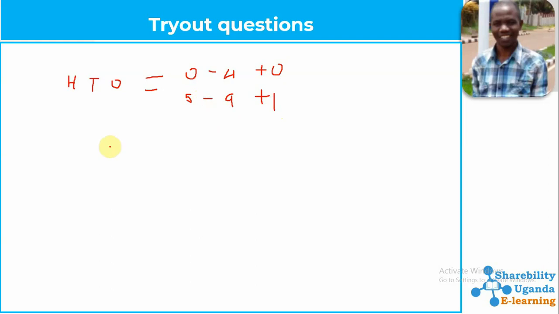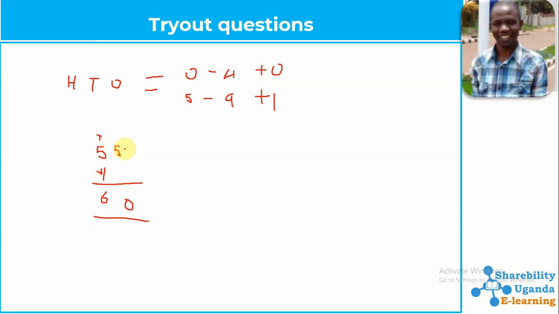So to make a recap, if we are given a number like 55, and they tell you to round off to the nearest tens, we say our 5 is in the ones, then we shall just add 1, since it is in the range of 5. So when we add 1, we consider the ones to be 0. So this simply means we shall just be having our answer as that.